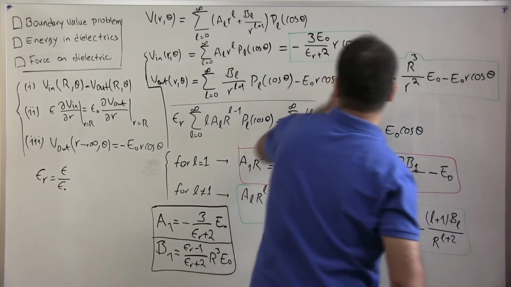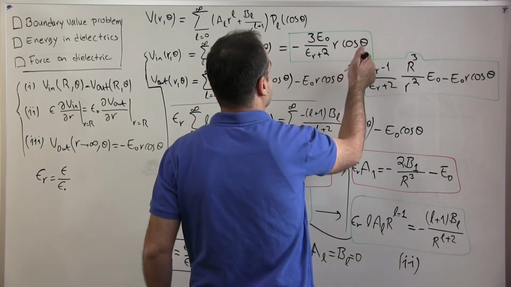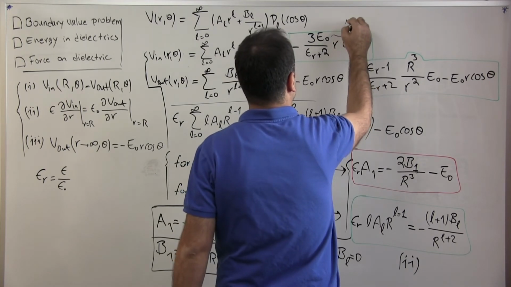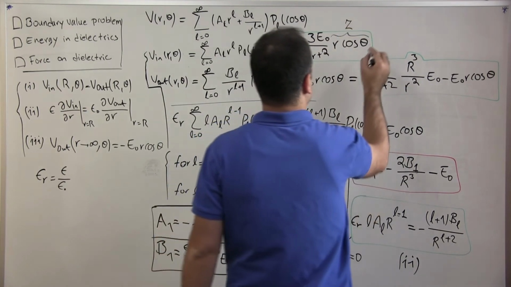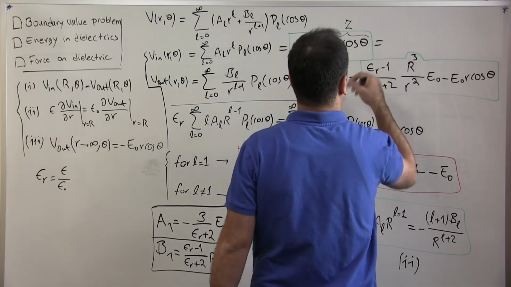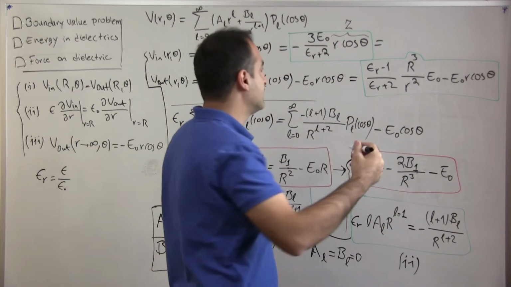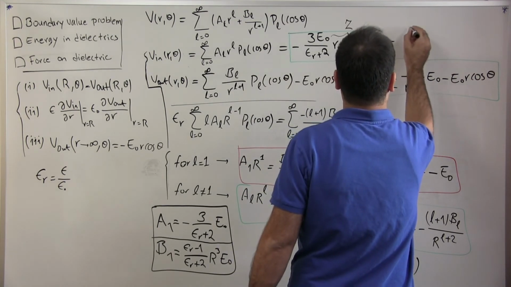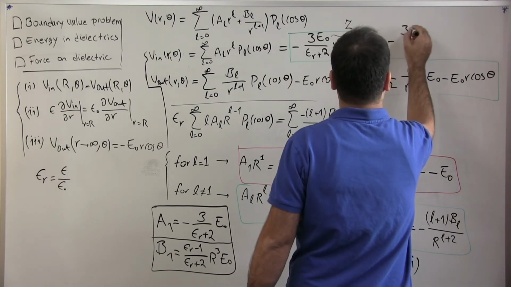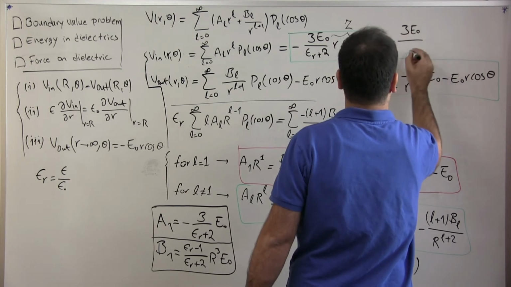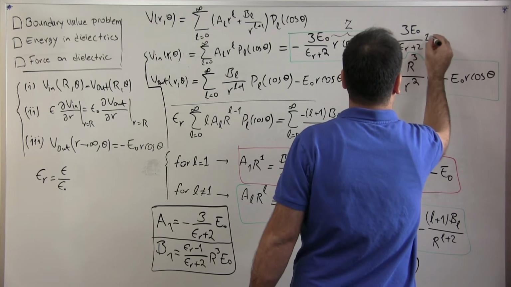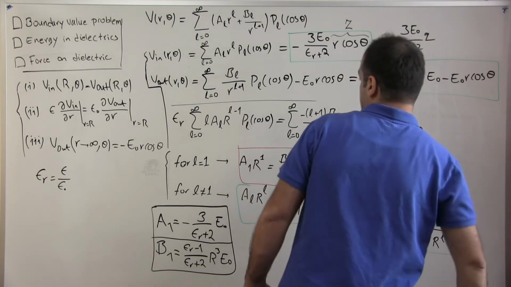So this potential r cosine theta in polar coordinates, you know that's always equal to z. So the potential in terms of the Cartesian coordinates, in terms of z, has an even simpler form, and that is negative 3 E naught over epsilon r plus 2 times z.